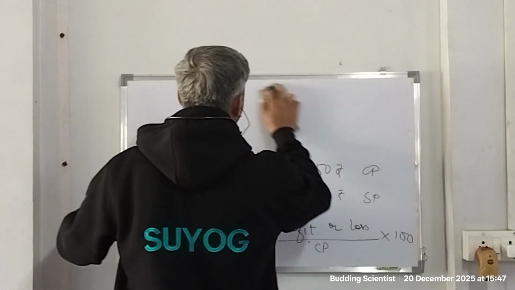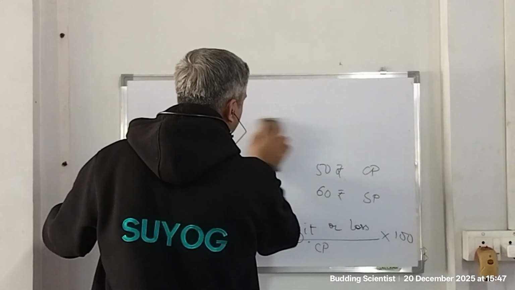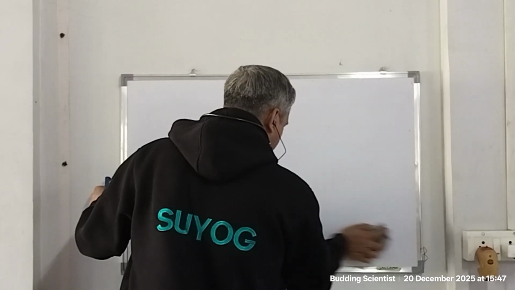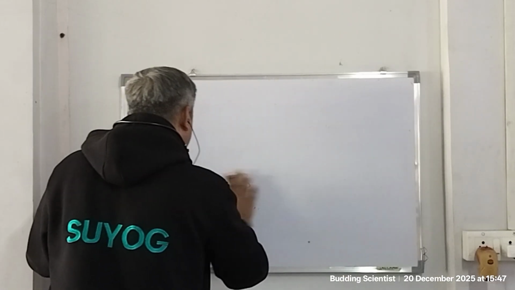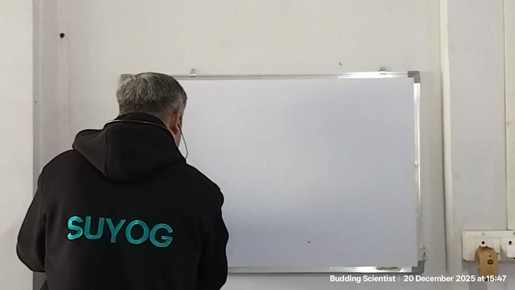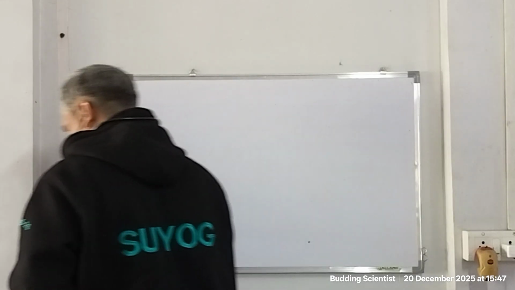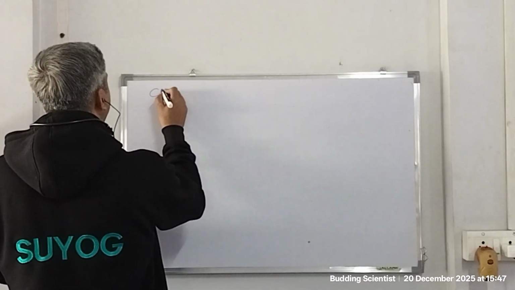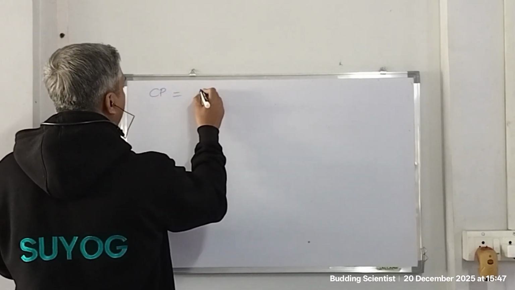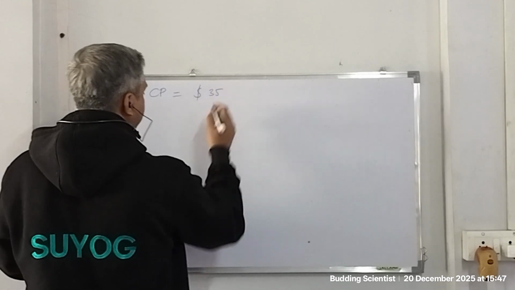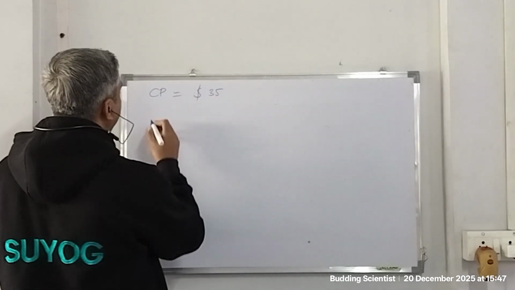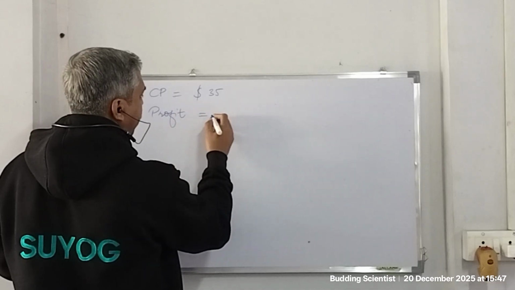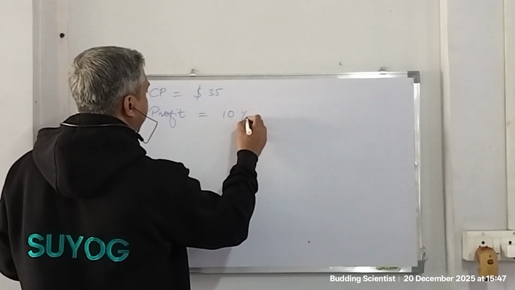So a shopkeeper has bought a certain stationery at $35. The profit that he earned is equal to 10%.